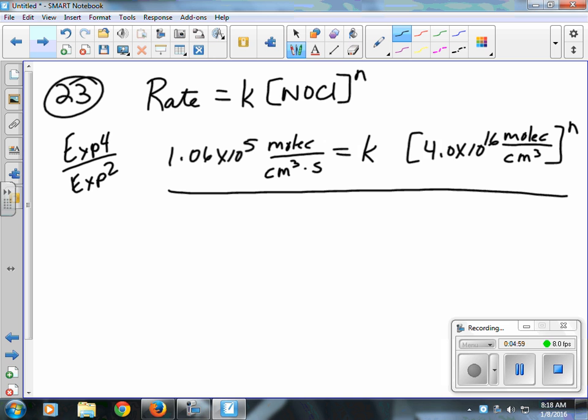The rate is in the right-hand column of the table. 2.66 times 10 to the 4th. I look at the top of the column and it tells me the unit, molecules per cubic centimeter second. Not really important for part A, but you need to get in the habit because on part B, you've got to get the rate constant K, and it has to have a unit, and it's always different.